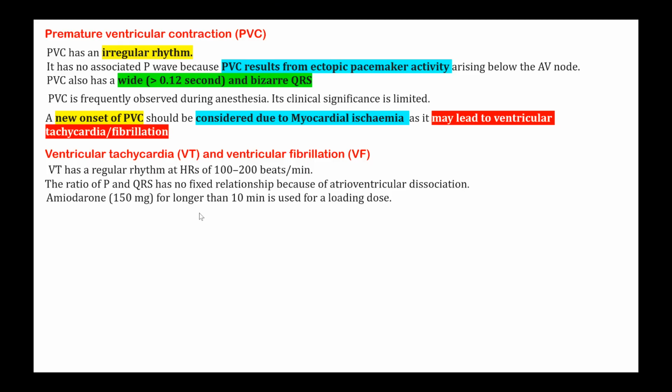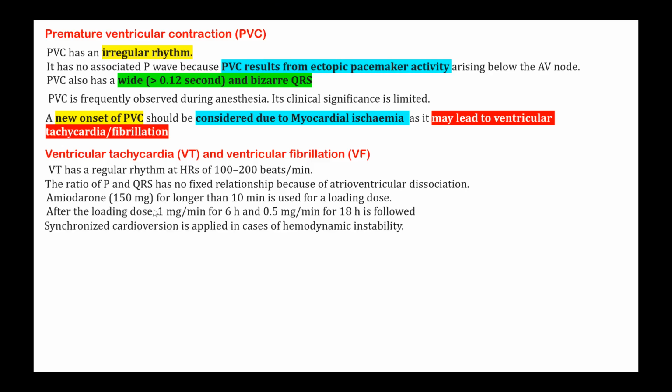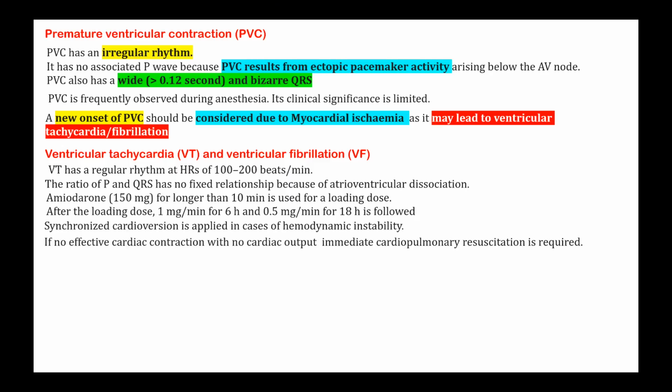Amiodarone 150 milligrams is used as a loading dose in these cases as the first line of treatment. After the loading dose, 1 milligram per minute can be given as an IV infusion. It can also be reverted to normal sinus rhythm using synchronized cardioversion if hemodynamic instability is present.